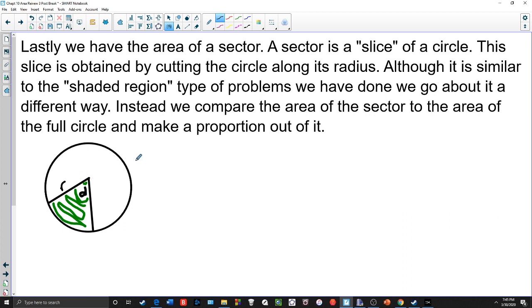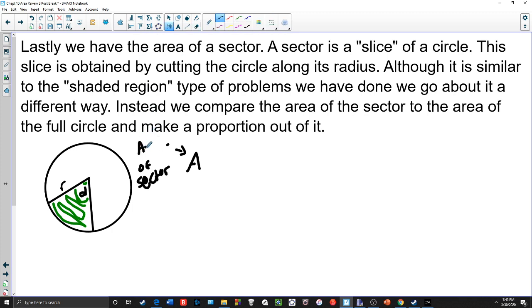So the way you get the area of a sector is you set up the following proportion. You have area of the sector. So this a here is area of sector. Let me write that area word a little bit better there.